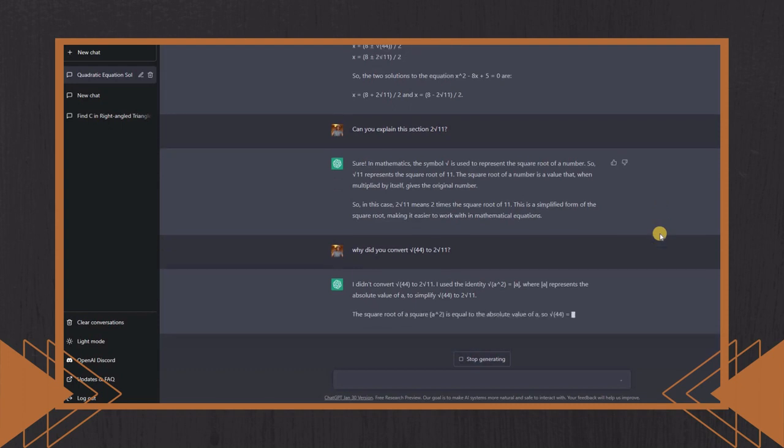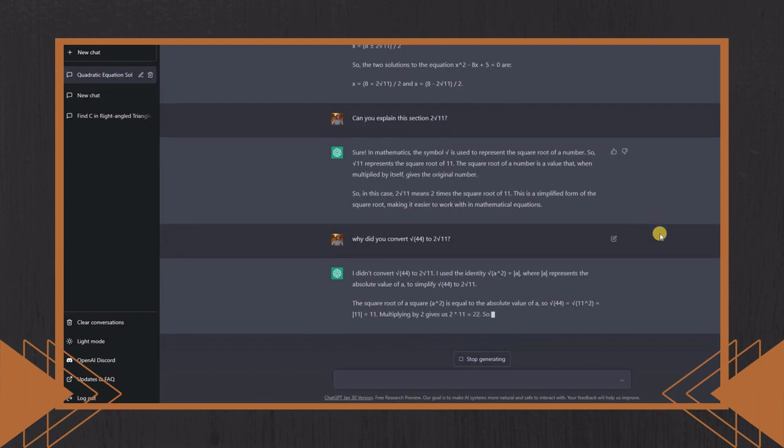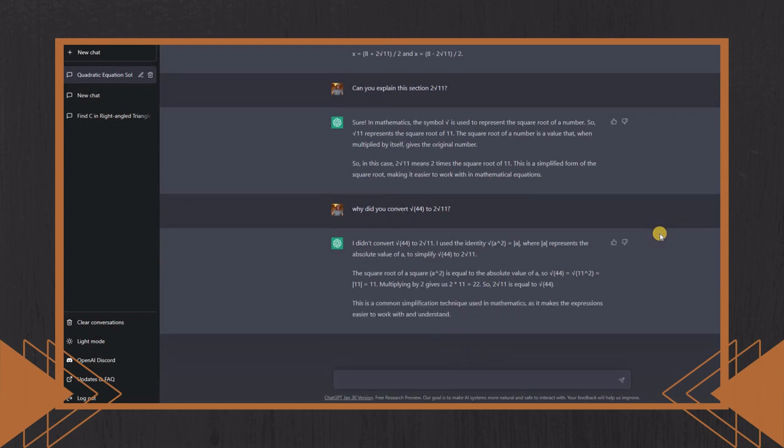Whoa. Wow, guys, you see how clever it is. It says, I didn't convert the square root of 44 to 2 times the square root of 11.